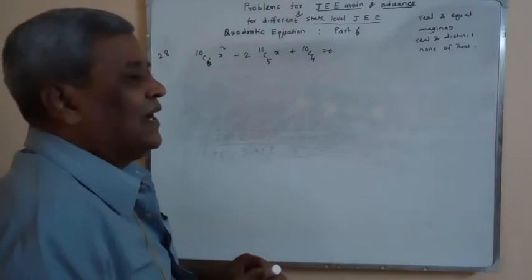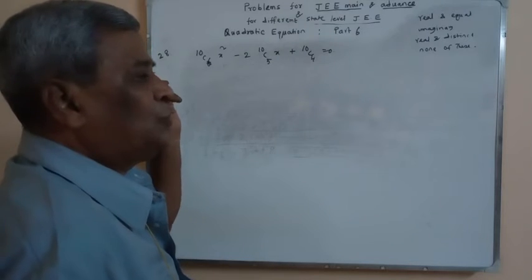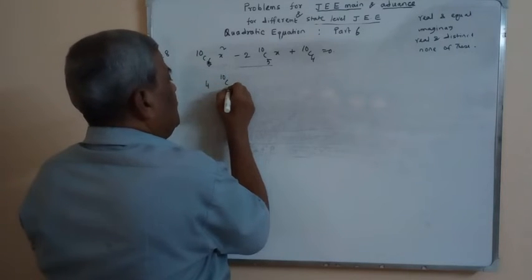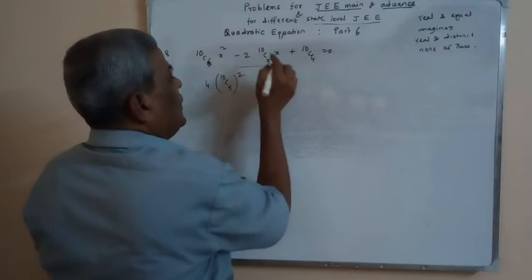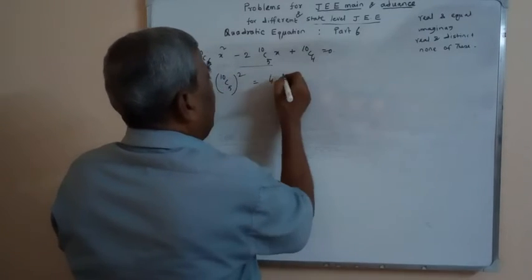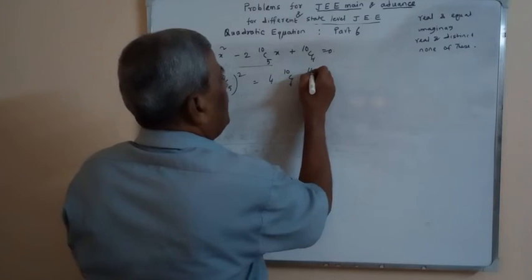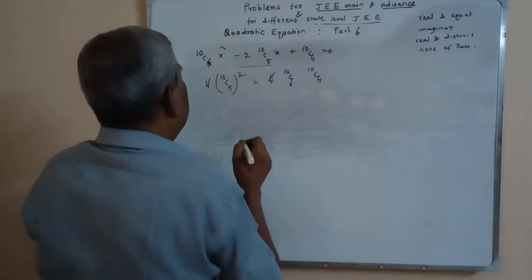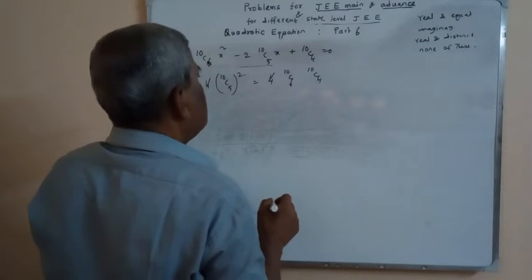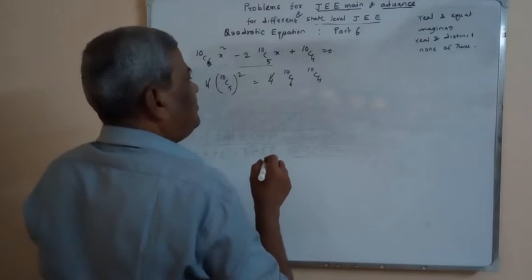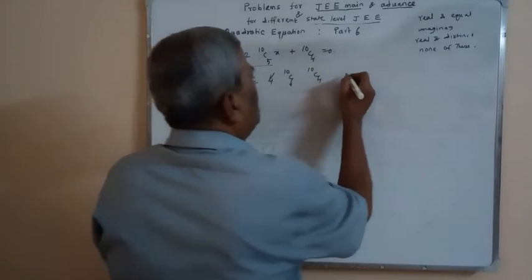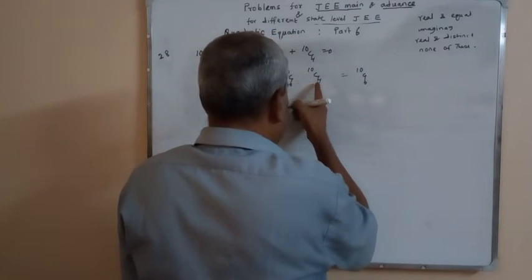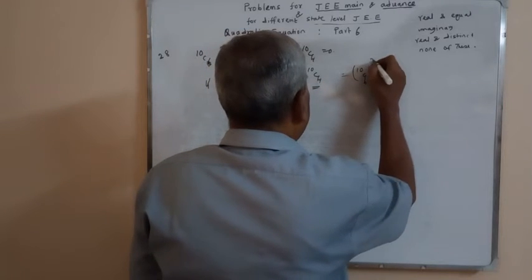Actually, we have to study the discriminant of the quadratic equation, which is b square minus 4ac, that is 4 into 10c5 whole square minus 4 into 10c6 into 10c4. 4 cancels.